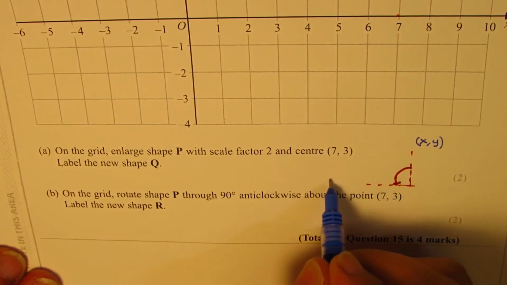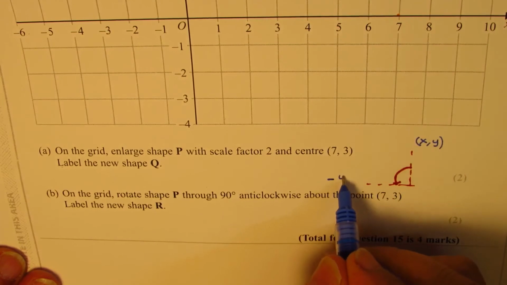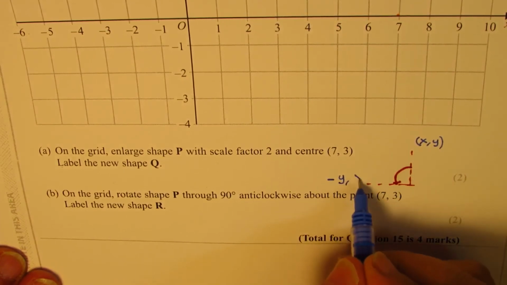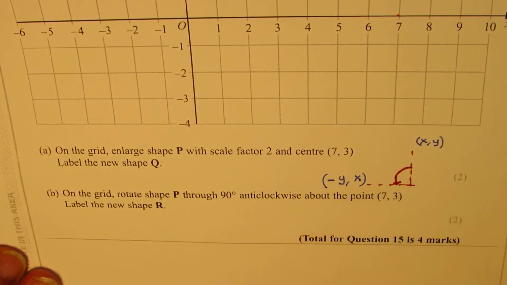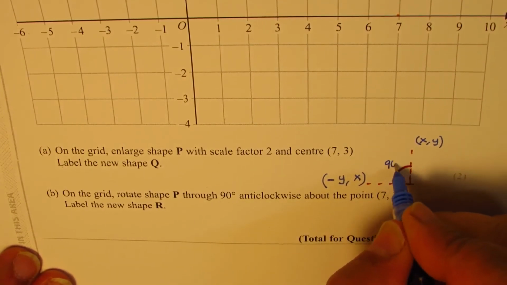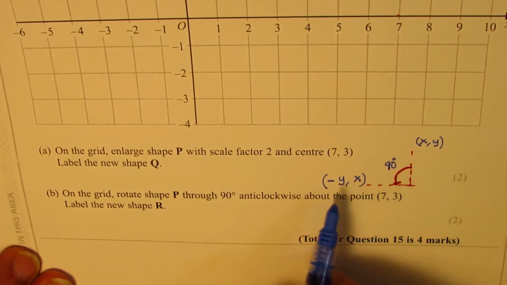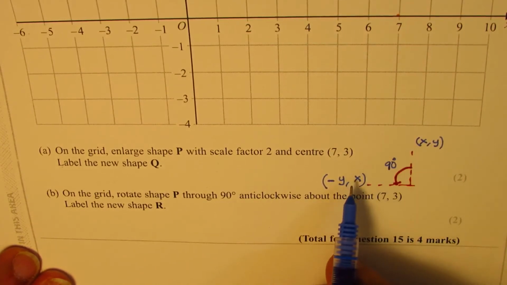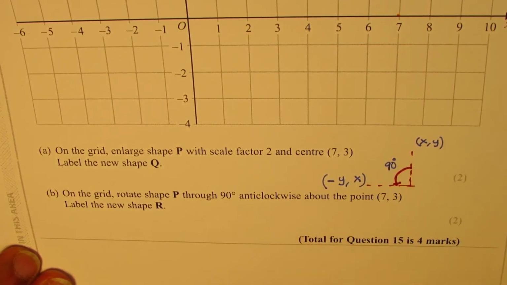It becomes a negative, but y comes first. This point, y becomes x and x becomes y when you rotate counterclockwise by 90 degrees, right? So you could use this particular transformation to get your new coordinates.